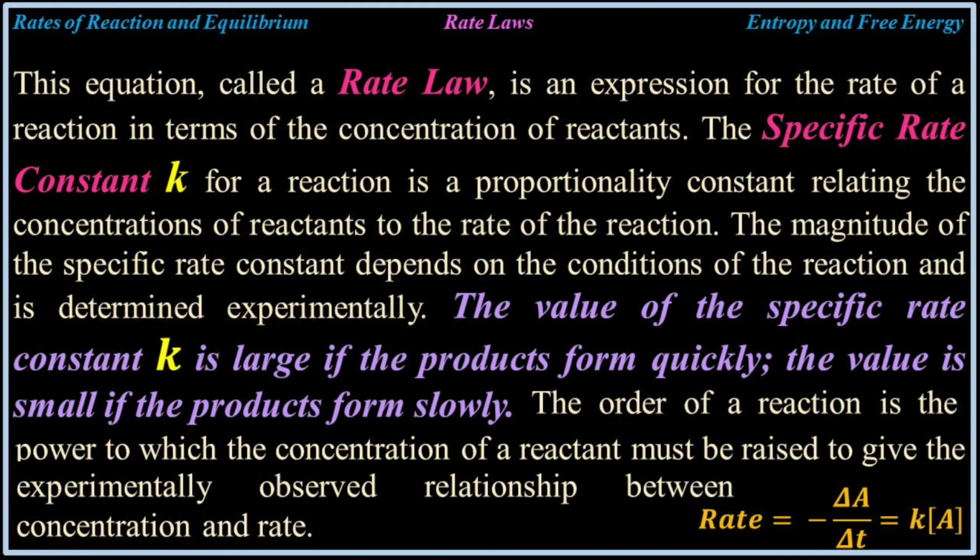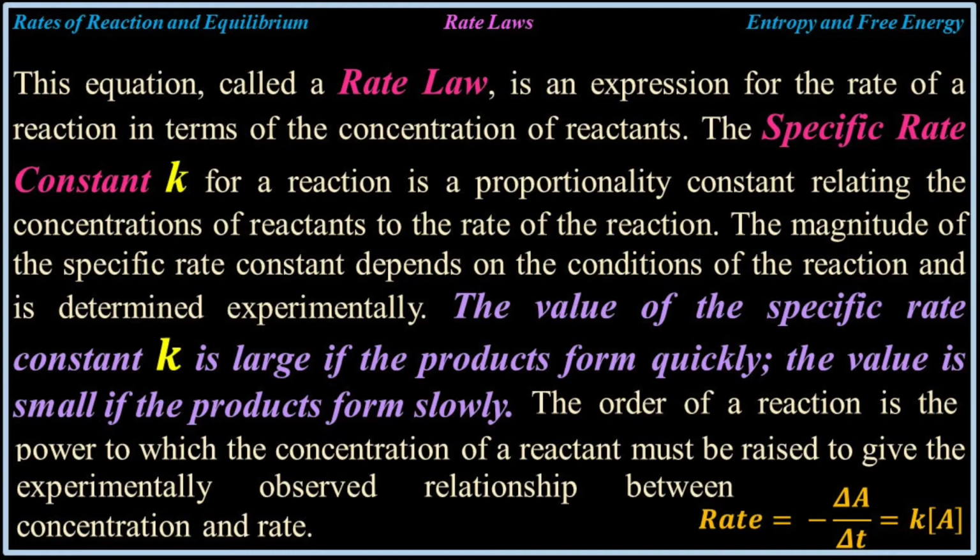The magnitude of the specific rate constant depends on the conditions of the reaction and is determined experimentally. The value of the specific rate constant K is large if the products form quickly. The value is small if the products form slowly.